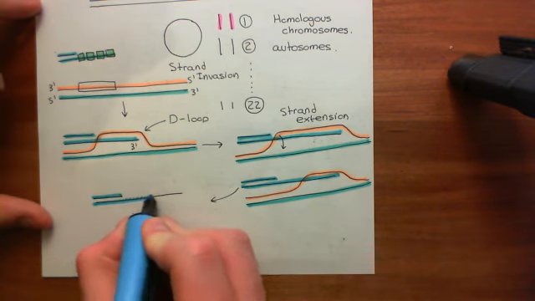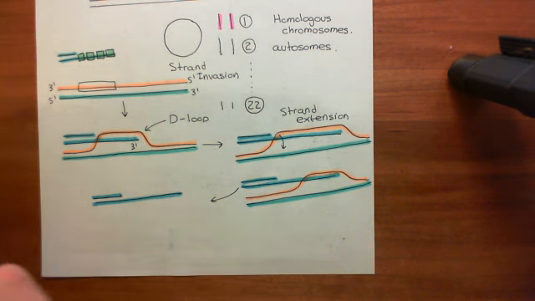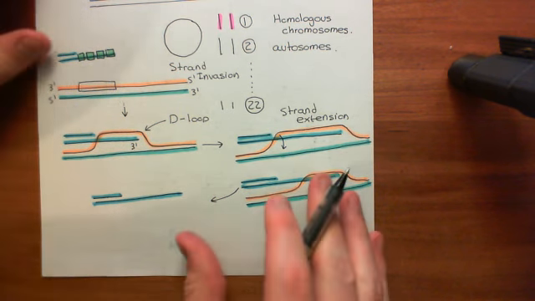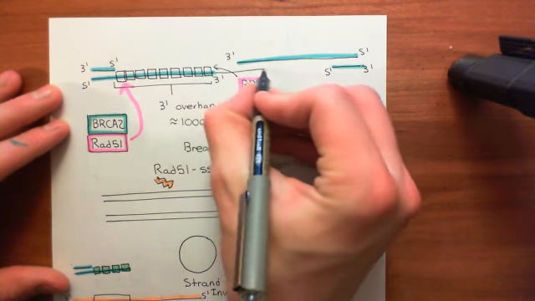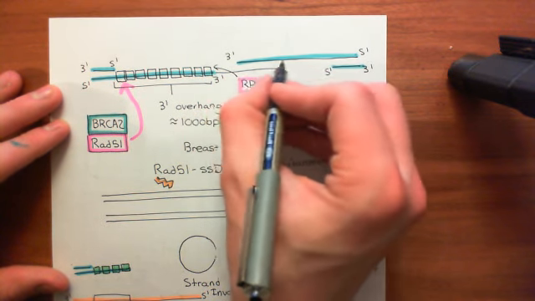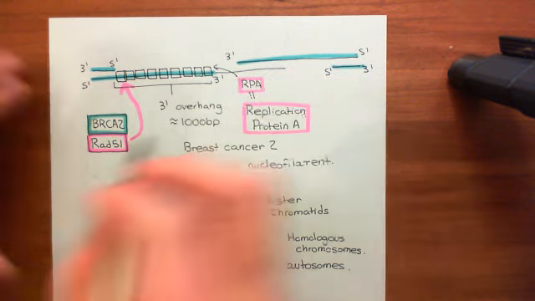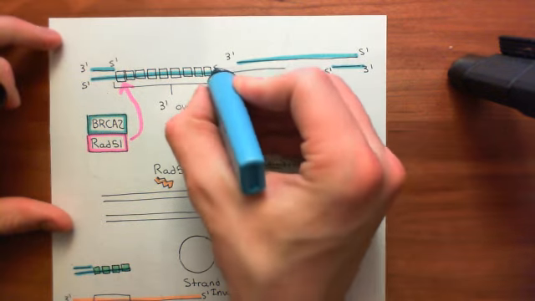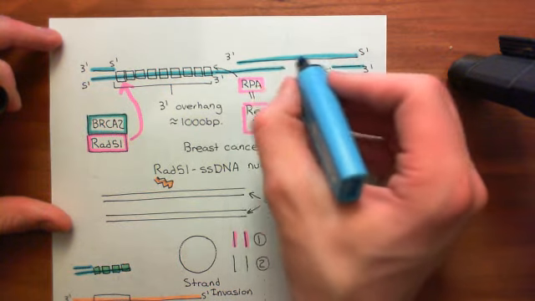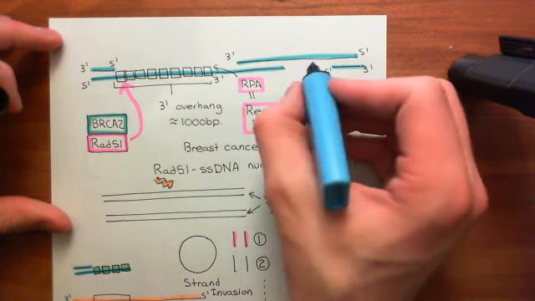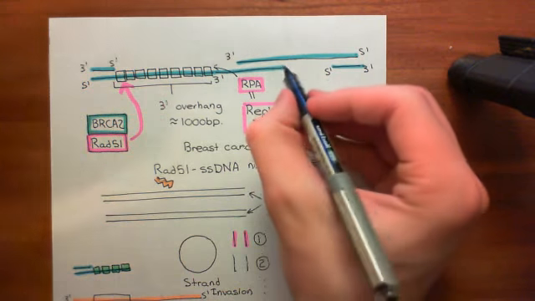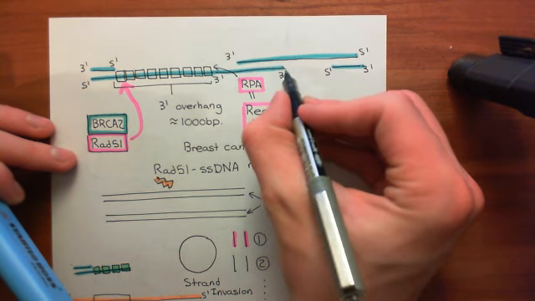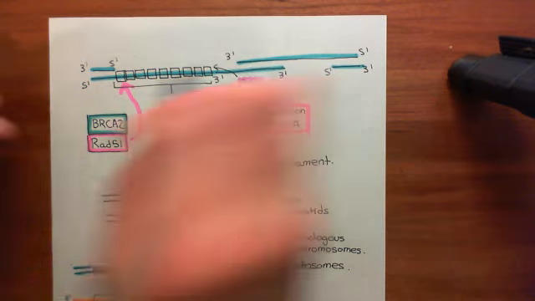The other chromosome has now been formed back again. And the hope now is that we've extended this 3' portion so that it has a portion which is complementary to this 3' overhang here. So the two broken ends can now re-anneal together, and then all we need to do is use DNA polymerase to extend this portion up, to fix this in.